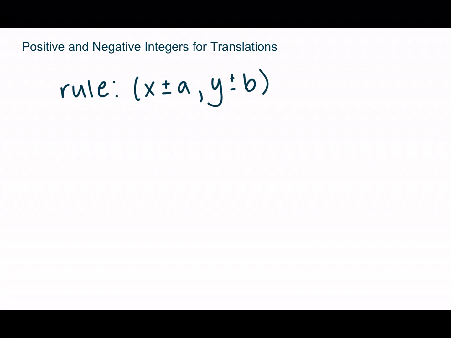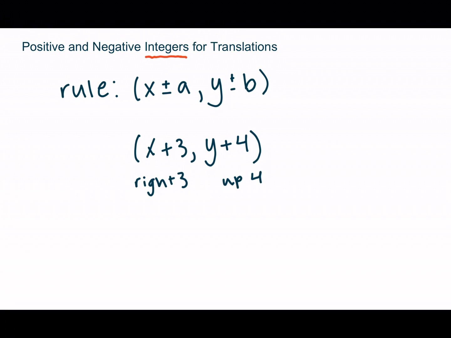Okay, what I think was throwing you guys off is this word here, integer, that just means a number. So if I'm adding a positive number, if I have an example like x plus 3, y plus 4, this is going right 3 and up 4.